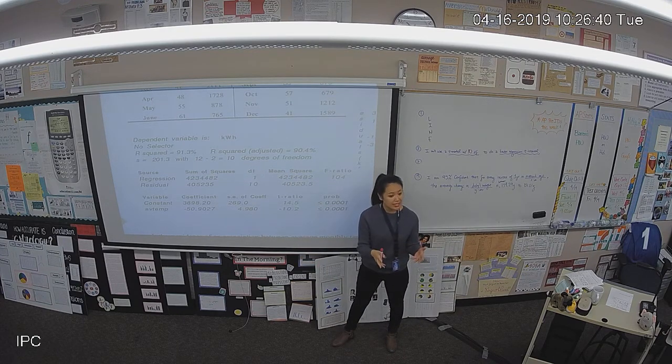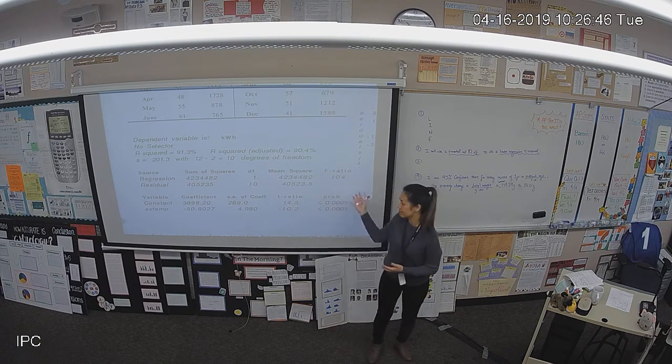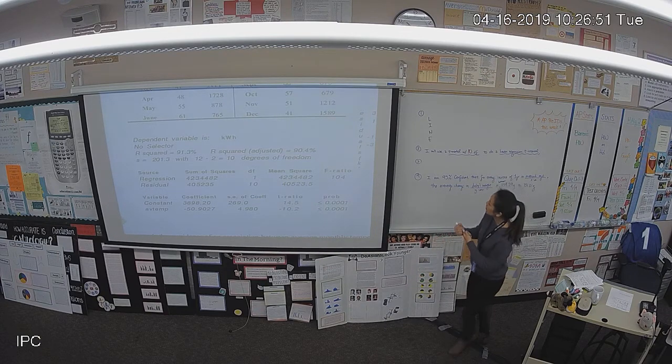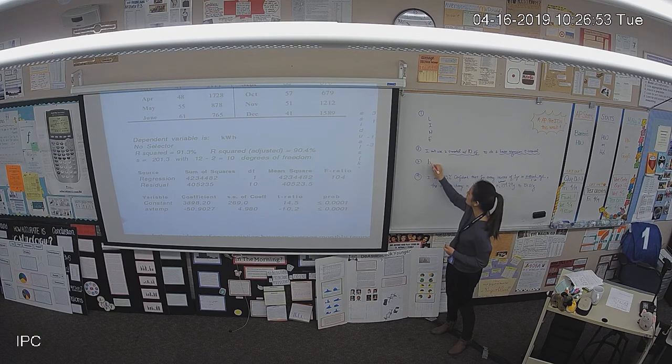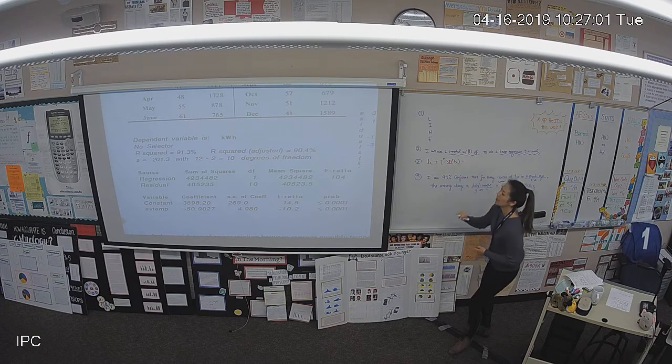Hypothesis test was really easy because we can just grab the t from here, p-value from here. Confidence interval, nowhere. Okay, so you actually have to do some calculations from there. So the formula was b sub 1 plus or minus your critical value t star times your standard error of b sub 1.